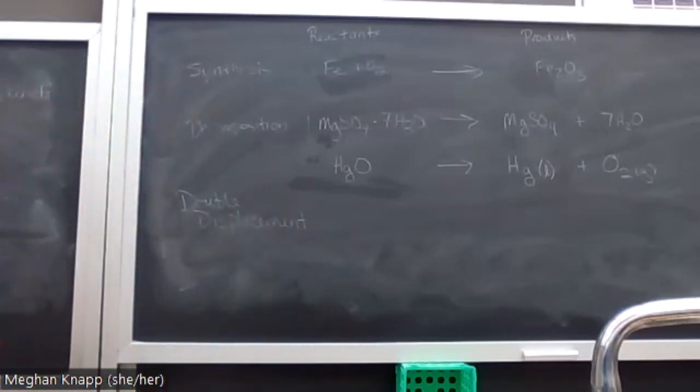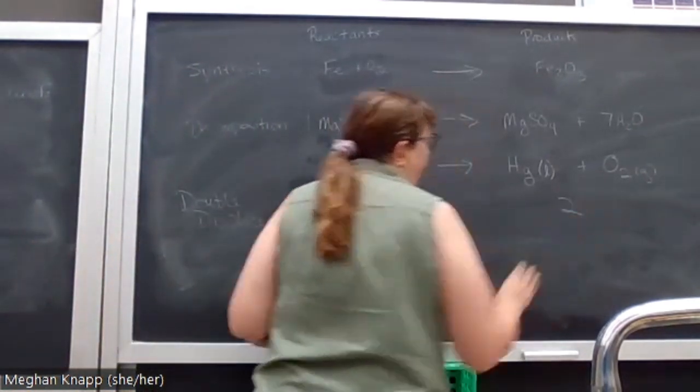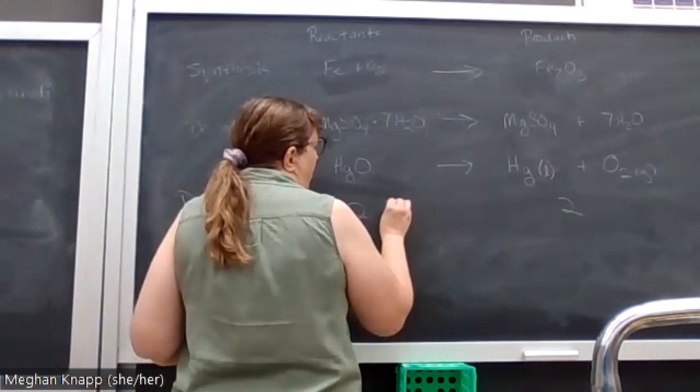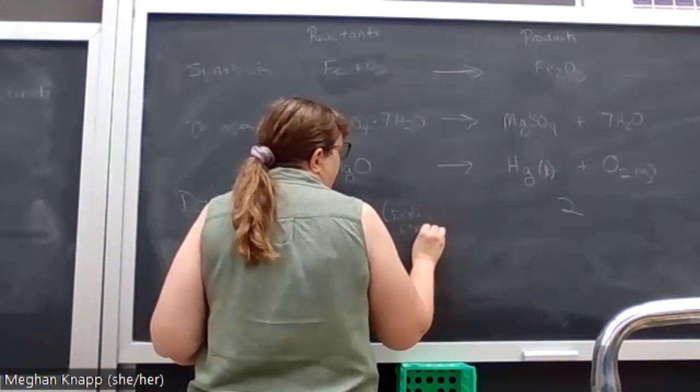So with double displacement, we're going to have 2 reactants and 2 products. And here we have to pay a little bit of attention to what kind of thing they are. Are they a compound or are they an element? In double displacement, they are both compounds, usually ionic.